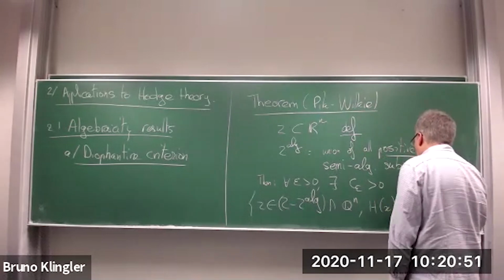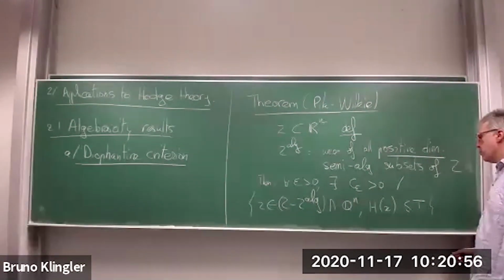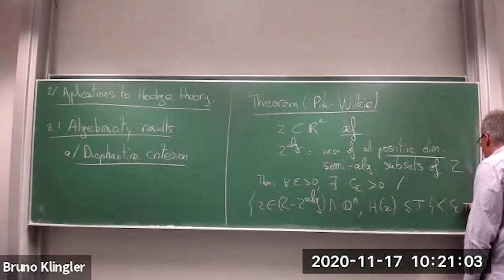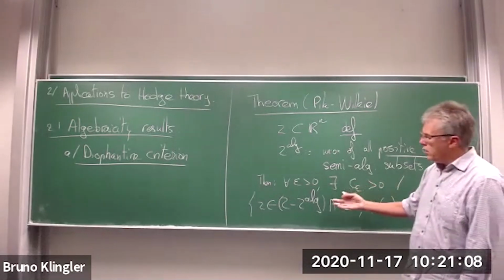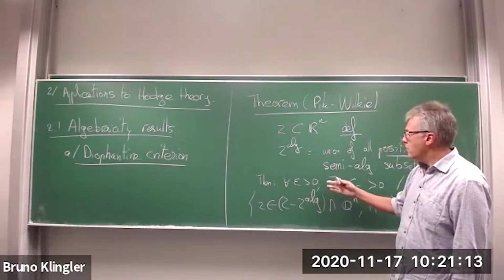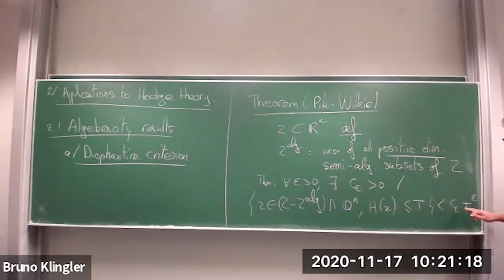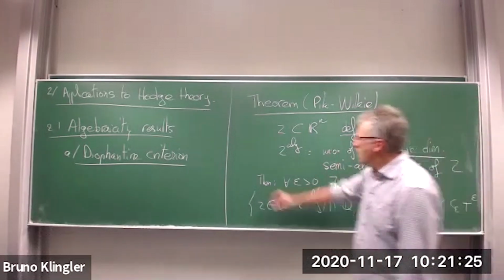So you fix the height smaller than some number T. If you count those points of height at most T, then it has to be smaller than C_epsilon T^epsilon. In other words, if you have a definable set such that the number of rational points of height at most T grows faster than a polynomial in T, then this means that it contains a positive dimensional algebraic subset.